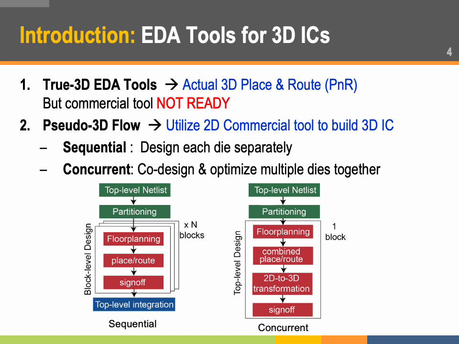Since the true 3D EDA tools are not fully developed, many studies have proposed design methodology using the pseudo 3D flow. In the pseudo 3D flow, we can either design the dies separately and integrate them later, or co-design and optimize multiple dies together. Our focus is on the latter approach.